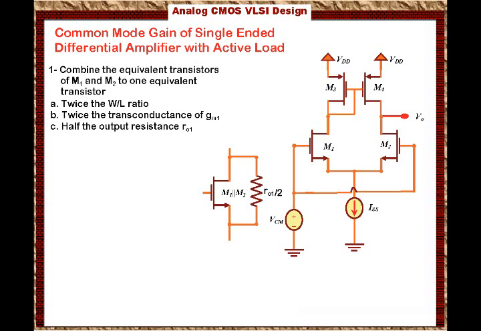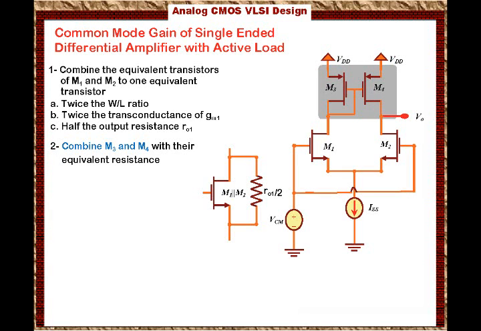Now also, we can combine M3 and M4 with their equivalent resistance, because the voltage of the output is the same for a perfectly matched amplifier. Then when we look through the drain of M3 and M4, we can replace these transistors with one equivalent resistance.